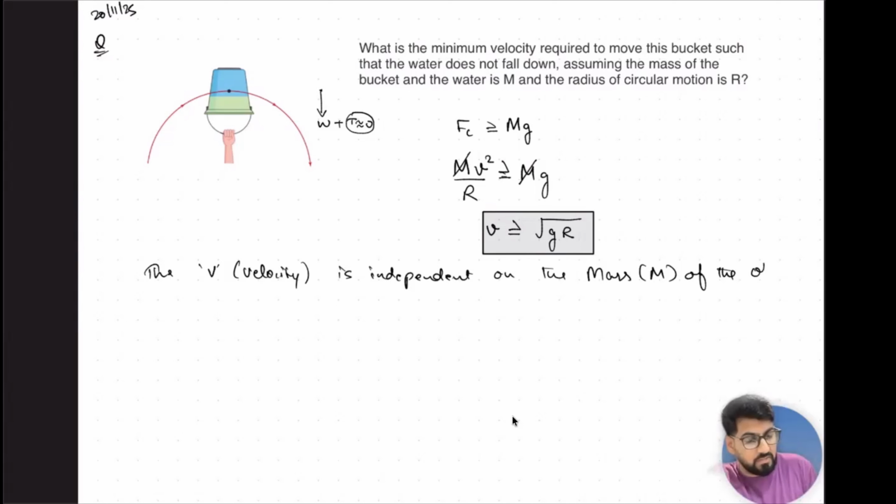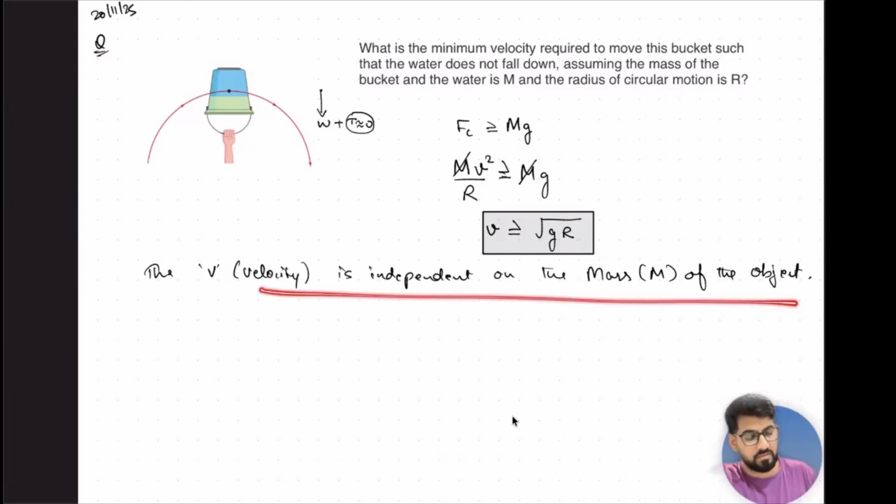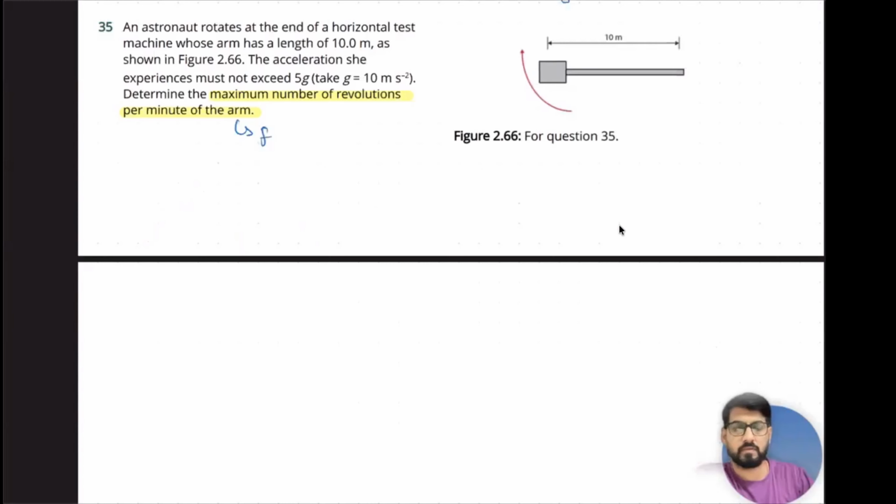It means that whether the object has 1 kg or 2 kg, if you are moving it in the same vertical motion with the same radius, the same velocity is required, because it is independent of the mass of the object.